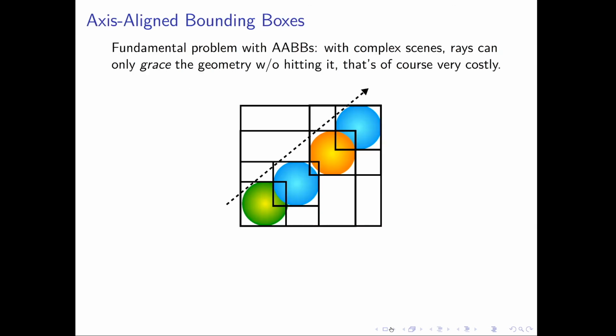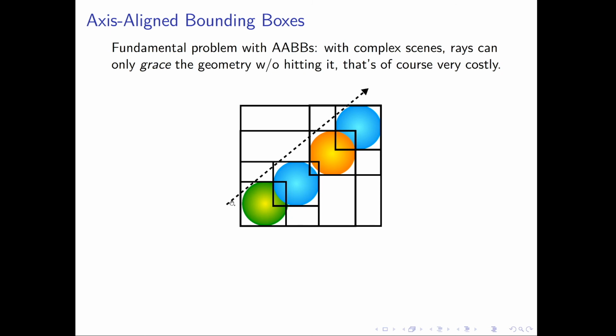As BVHs, and in particular BVHs of AABBs, are so popular, we will in the following concentrate on them. There is actually a fundamental problem with AABB BVHs, which I'm depicting here on this slide. The fundamental problem is that when we have a ray that grazes the geometry, that is kind of tangential to the geometry, it will never actually hit the actual geometry, but it will graze it, and therefore we will hit each and every bounding box that the potentially curvy geometry is organized with.